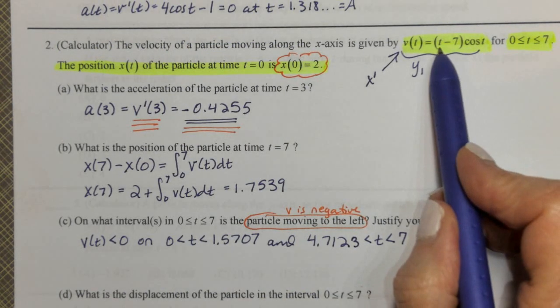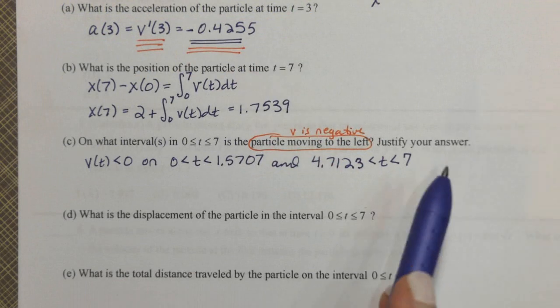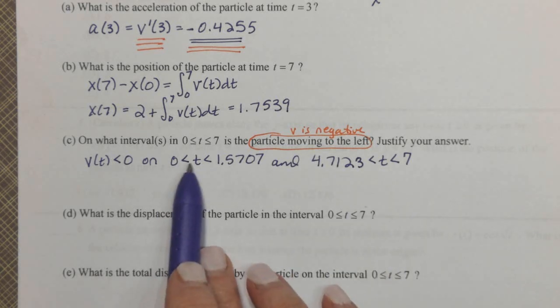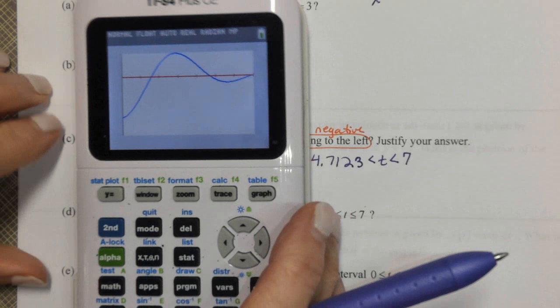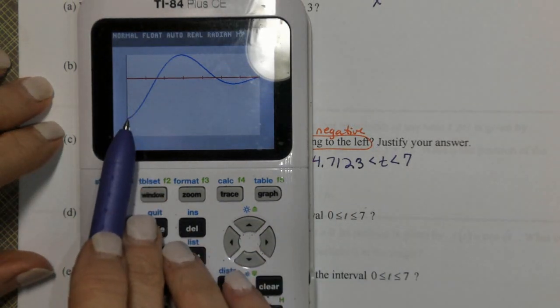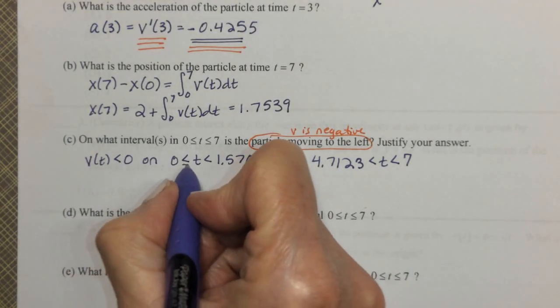If I put 7 in for t, this whole thing is going to be 0. So I do not want to include 7, because the particle is not moving left right exactly at 7. When t is 0, the velocity is negative. So I do want to include the 0 there.